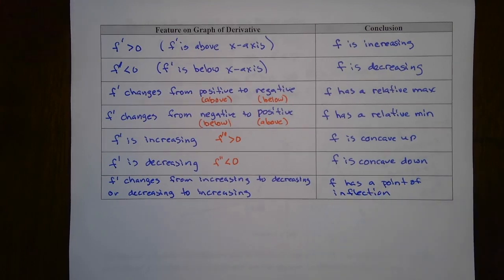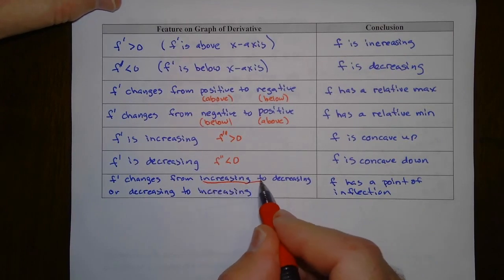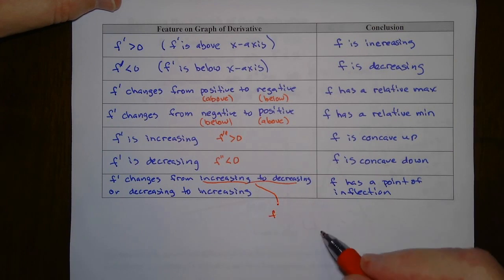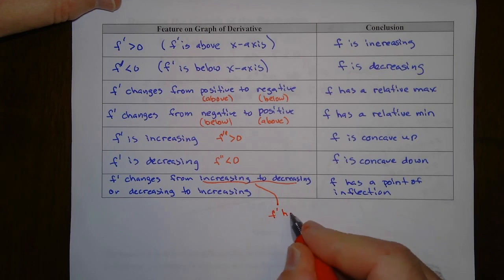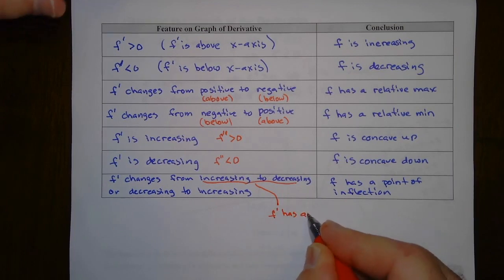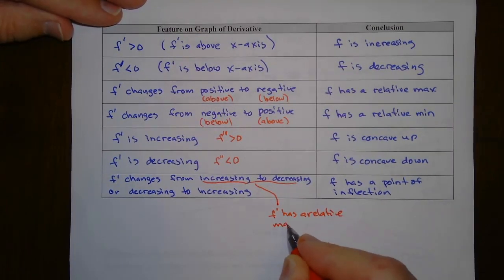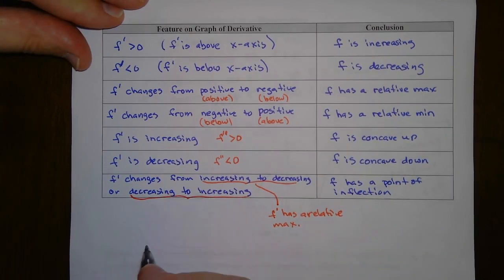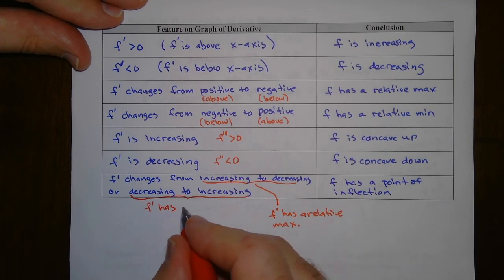Now, I want to say this. If f prime is changing from increasing to decreasing, that would also mean f prime has a relative maximum there. And if it's changing from decreasing to increasing, that would mean that f prime has a relative minimum.